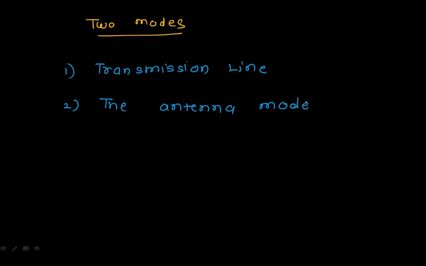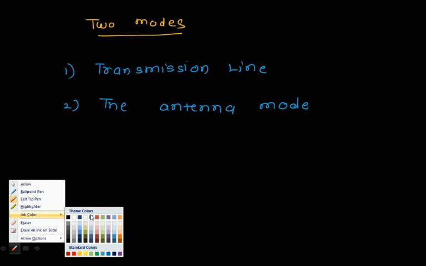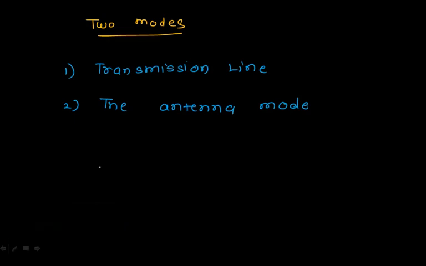So in the transmission line mode, I'll draw how that works. If I'm talking about the transmission line mode, it will look like this. This is your folded dipole. You're giving some input to this one, so I'm considering the currents.